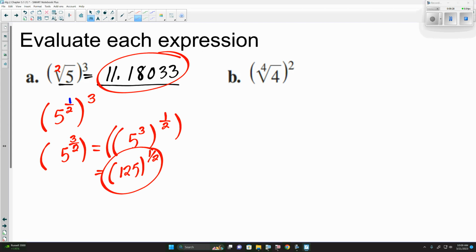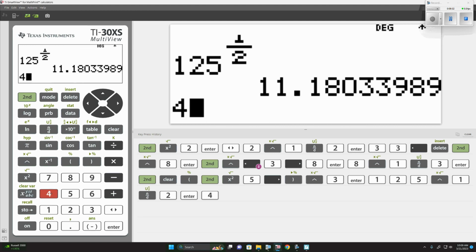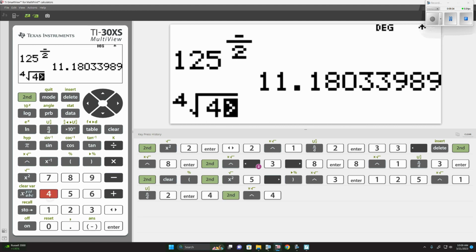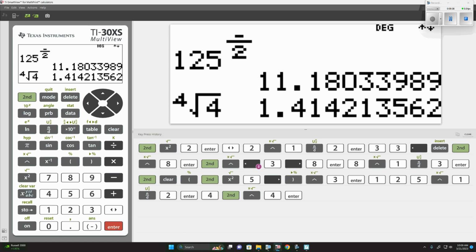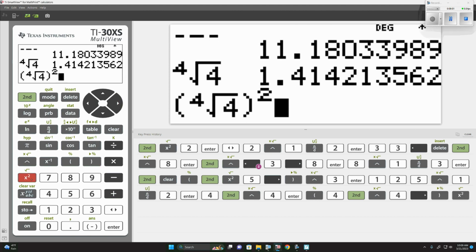Well, the 4th root of 4 is not 1. Because if we wanted to look at the 4th root of 4, we will see that it's 1.4142 going on here. If we wanted to type the whole thing in, we could say parentheses, 4th root of 4, squared.